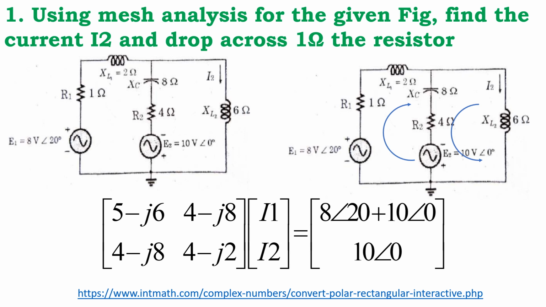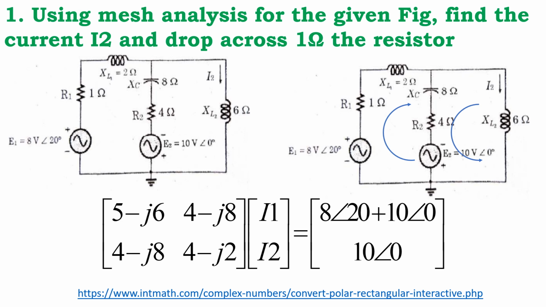The first loop consists of 1 ohm, 4 ohm, 2 ohm and 8 ohm. So we take the sum of the elements in the first loop. We sum the real values, which are only the resistive components, and then the imaginary components, which are the inductor and capacitive components.